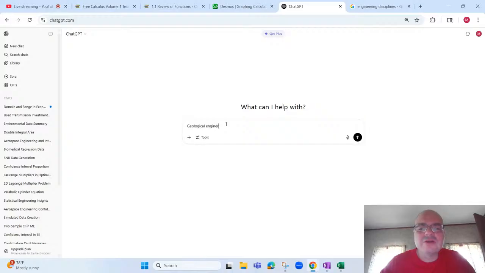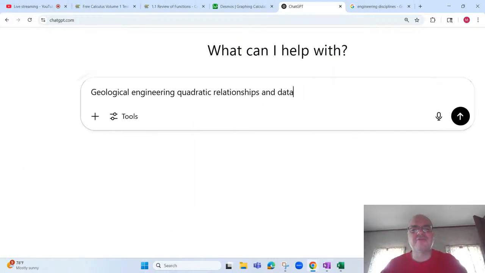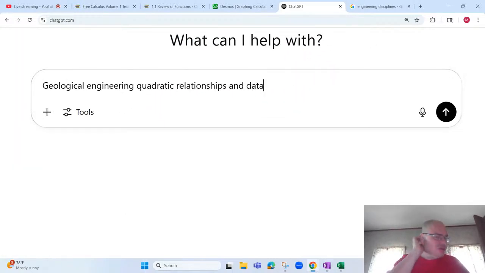We're going to go geological engineering, quadratic relationships, and data. So let's make this nice and big for you to see. Geological engineering, quadratic relationships, and data. Let's generate data, and let's see what ChatGPT does for us.